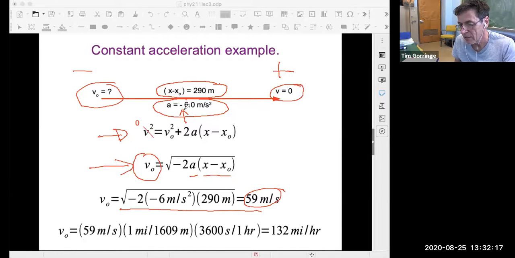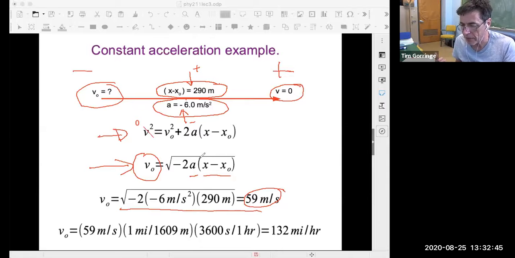You'll note that the displacement, which is towards the right, that's positive. And that was important because look at this equation, minus 2a times the displacement. If that quantity in the square root was to come out to be a negative quantity, you can't take the square root of a negative quantity.